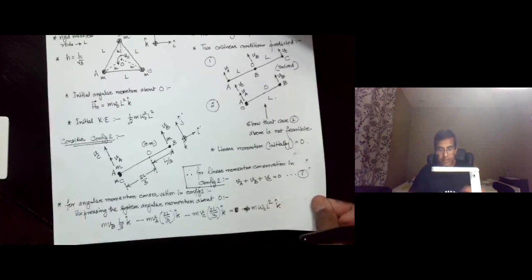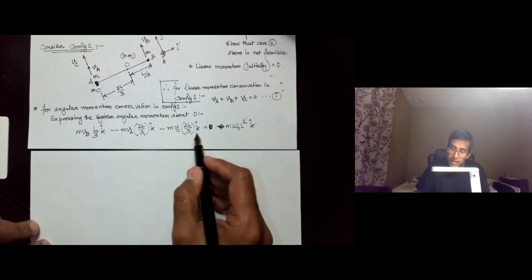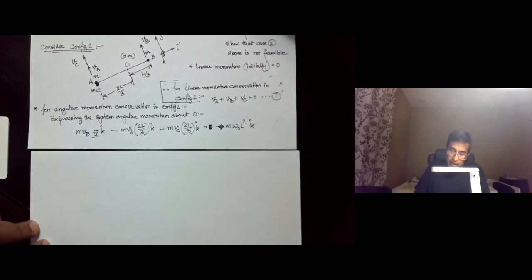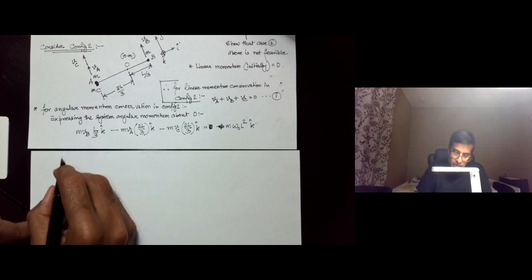So let's move on to the next page. From here, first of all we see that all these vectors are in the k direction, so we can cancel the unit vector k from both sides. All of the terms also have m in them, so we can cancel that as well.